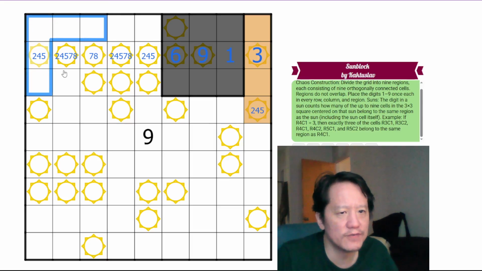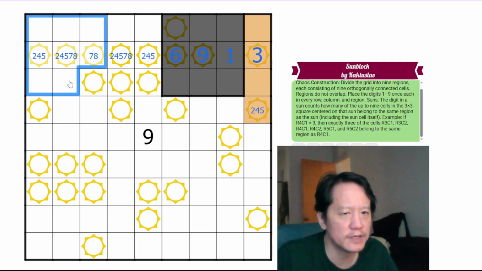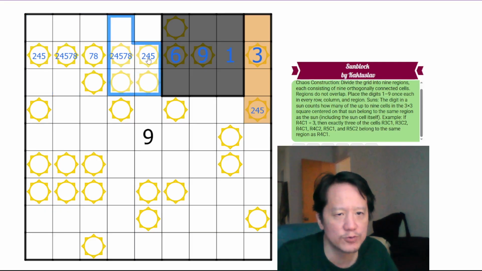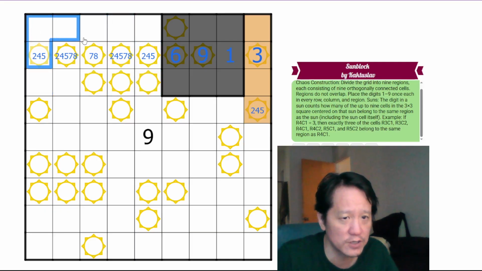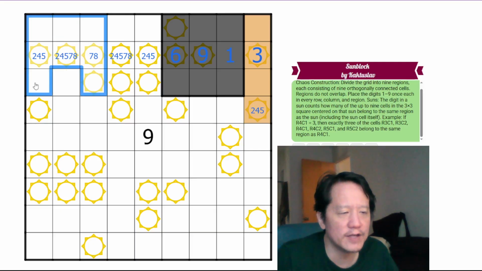Because we tried to have 8 as a region here. Maybe you could try to have 8 as a region here, but that would force 6 to be there, so that doesn't work. So we're trying to have 8 and 7 be separate regions, and it just doesn't work because the problem is, yeah, you have to have extended open here.